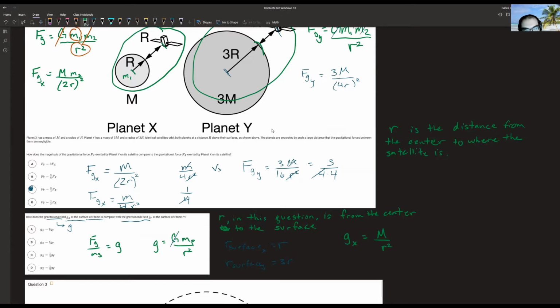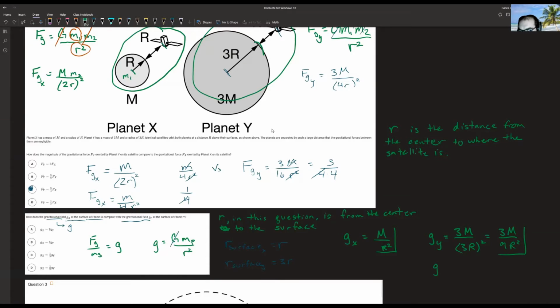So what ends up happening is g of X is going to be big M over big R squared. Nothing fancy here. g of Y, or the gravitational field strength on planet Y, is going to be 3m over (3r) squared, which becomes 3m over 9r squared. So then we just compare these two quantities.